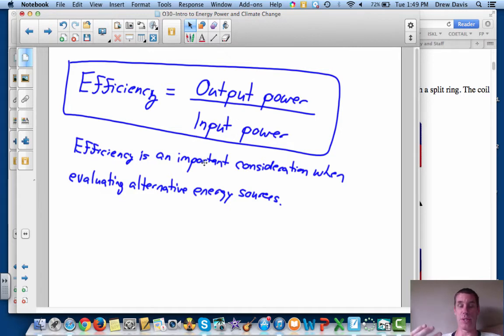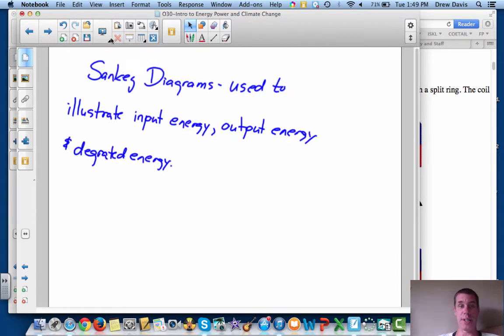And efficiency is very important when you consider alternate energy fuels, because a fuel that is inefficient, like wood, is not going to be viable, because you need enormous amounts to produce your energy. Most of your energy is then wasted.